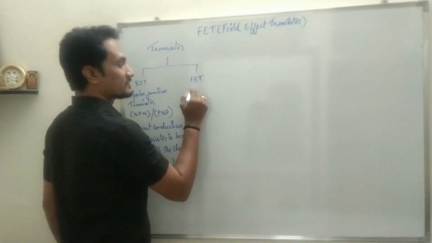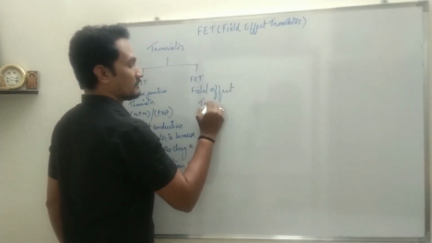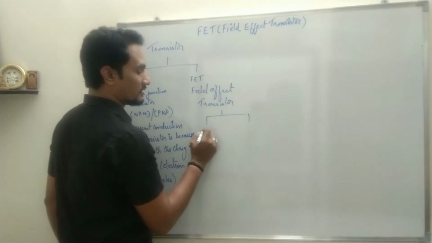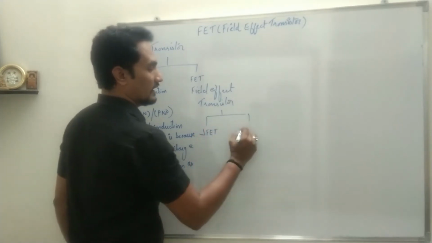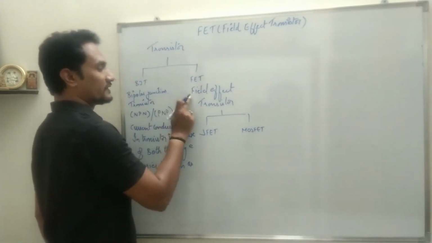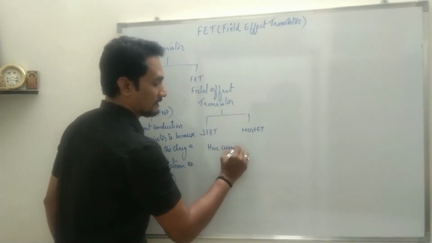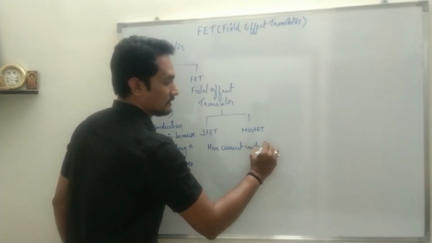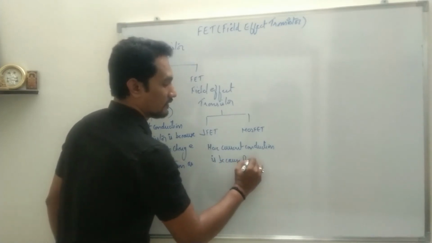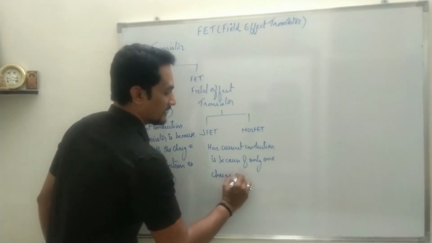Whereas this is called FET, field effect transistor, and the field effect transistor is further divided into JFET and MOSFET. The basic difference between BJT and field effect transistor is that here current conduction is because of only one charge carrier.